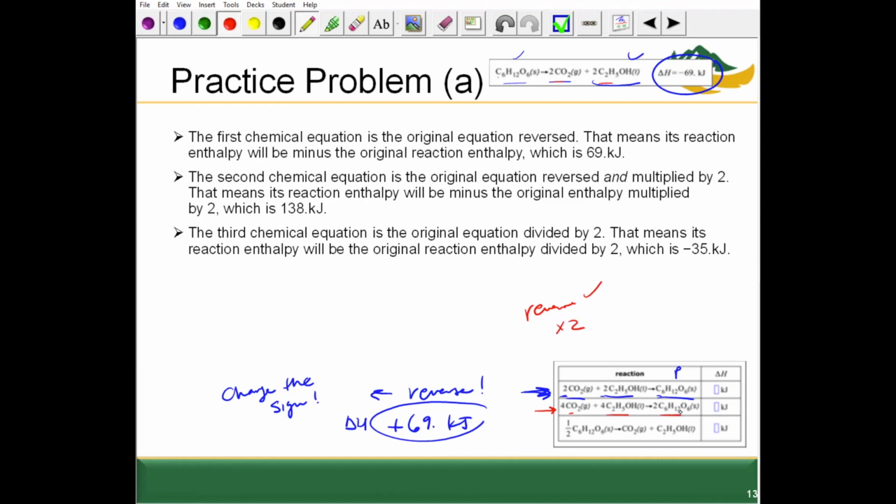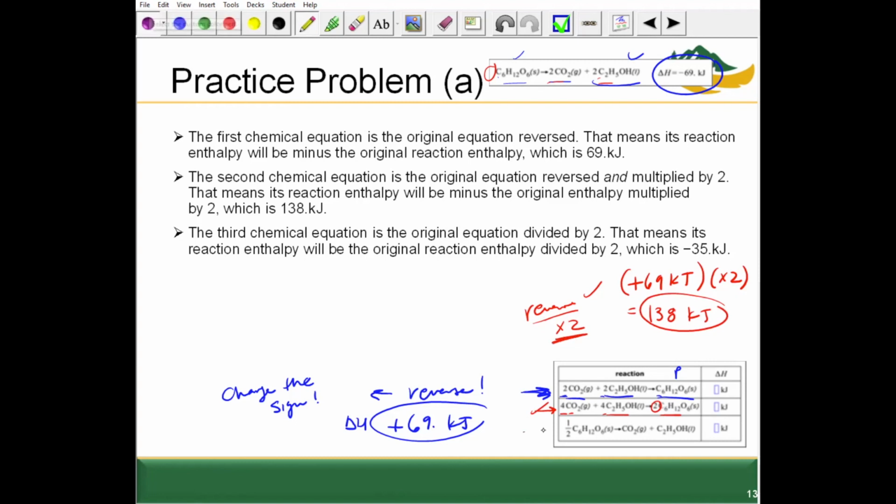Now C6H12O6, which had a 1 molar coefficient, now has a 2 molar coefficient. These were 2 and 2, now they are 4 and 4. So we need to change the sign and multiply by 2. That equates to 138 kilojoules. That's for the second reaction, where it was reversed and the molar coefficients were multiplied by 2.